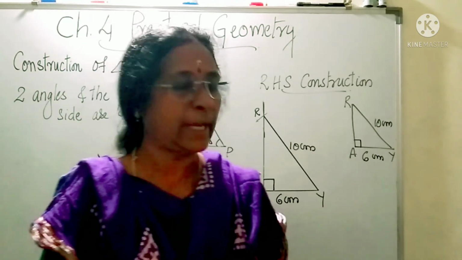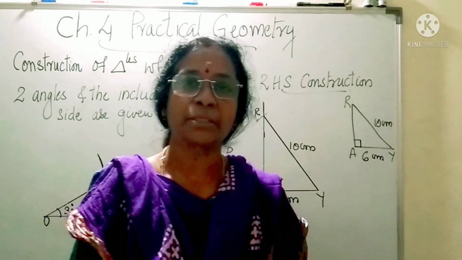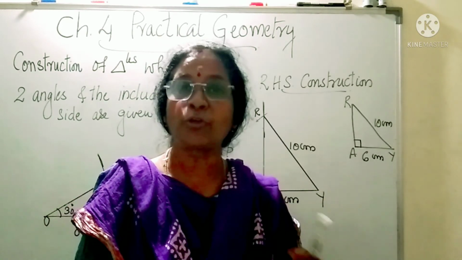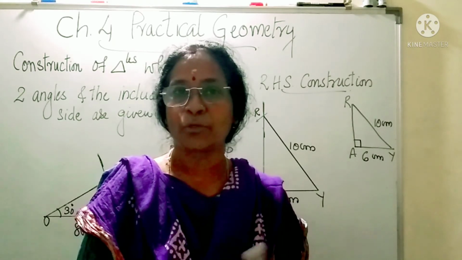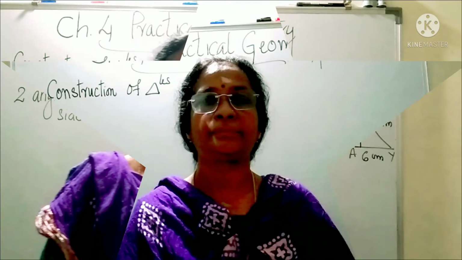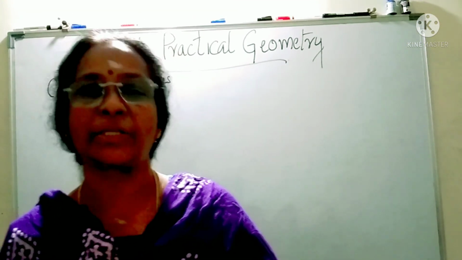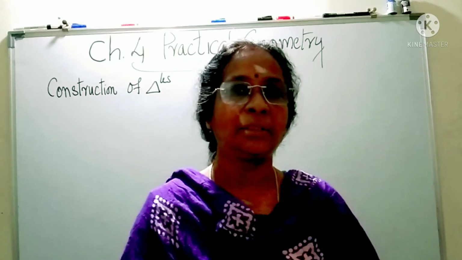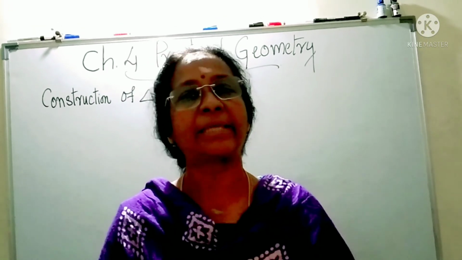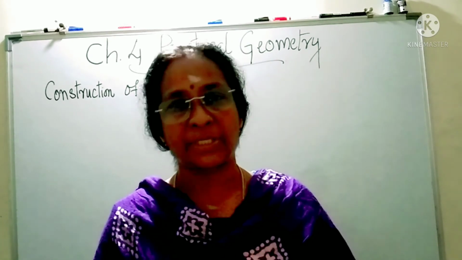So, for today, we have learned all 4 types of triangles and how to bisect angles and sides. So, you need to practice this at home so that we will be able to do the remaining constructions easily. We have learned SSS construction, SAS, ASA and RHS constructions.